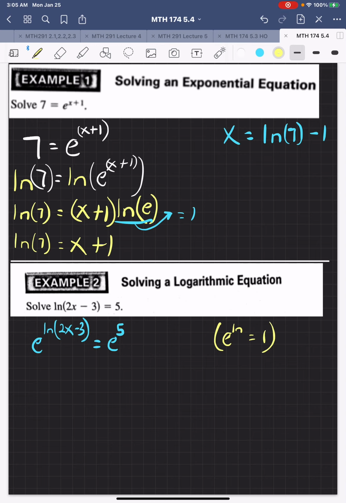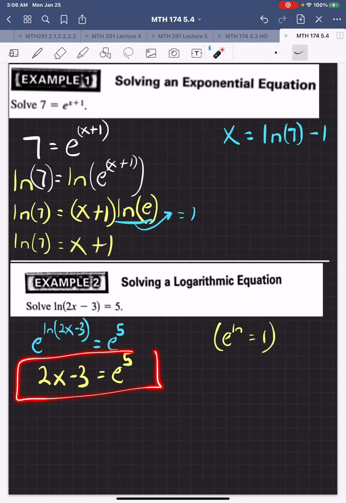So all that you have left is just 2x minus 3 is equal to e to the power of 5. So notice how using those properties, we were able to go from logarithmic or exponential back to algebra, because I can now solve this. This is an algebra problem.